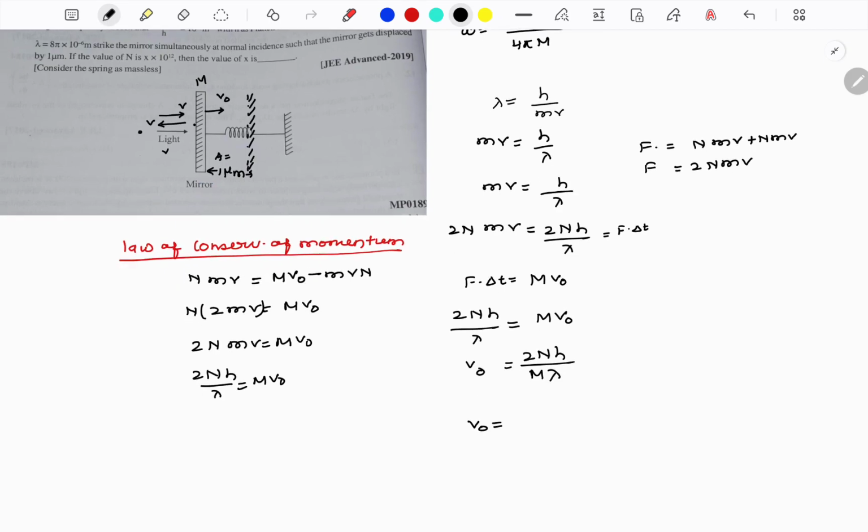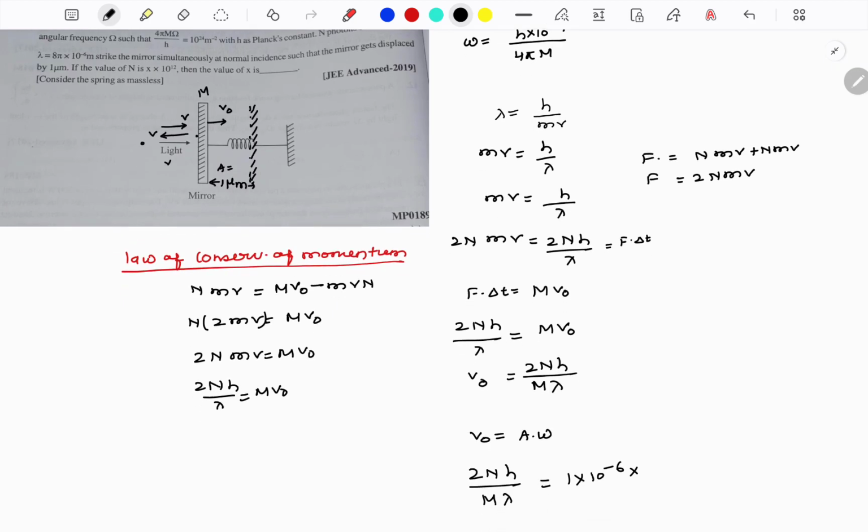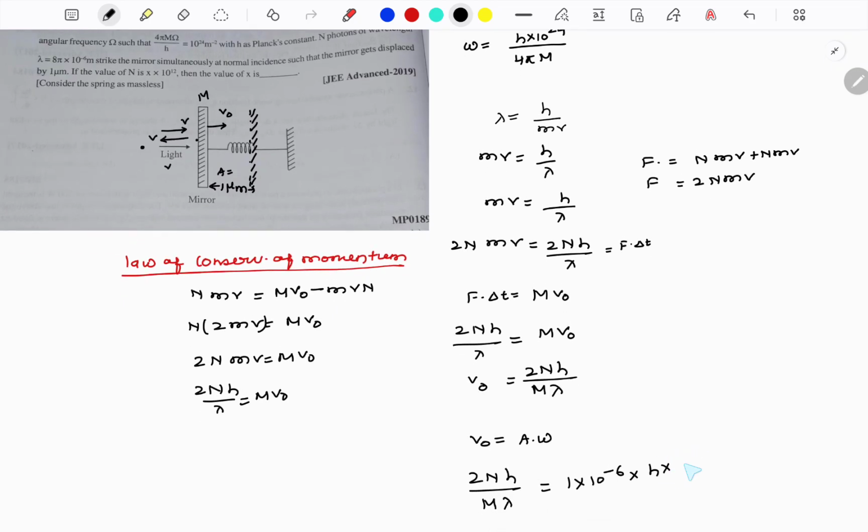And according to SHM we know the maximum velocity is given by a into omega, where a is 1 micrometer. So the equation becomes 2nh by capital M lambda is equal to the amplitude, 1 into 10 power minus 6, into the angular velocity omega, which they have given as h into 10 power 24 divided by 4 pi capital M.